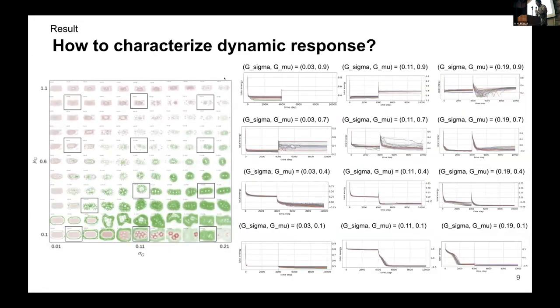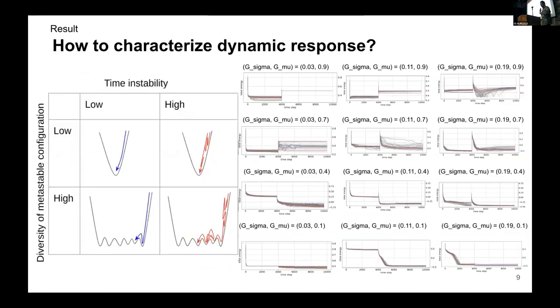So how do we characterize the dynamic response? Basically we measure two features: the time instability and the diversity of the metastable configurations. Time instability is about this energy landscape. You can imagine that if the time instability is high, the state moves very arbitrarily, but if the time instability is low, the system can converge to a stable state.